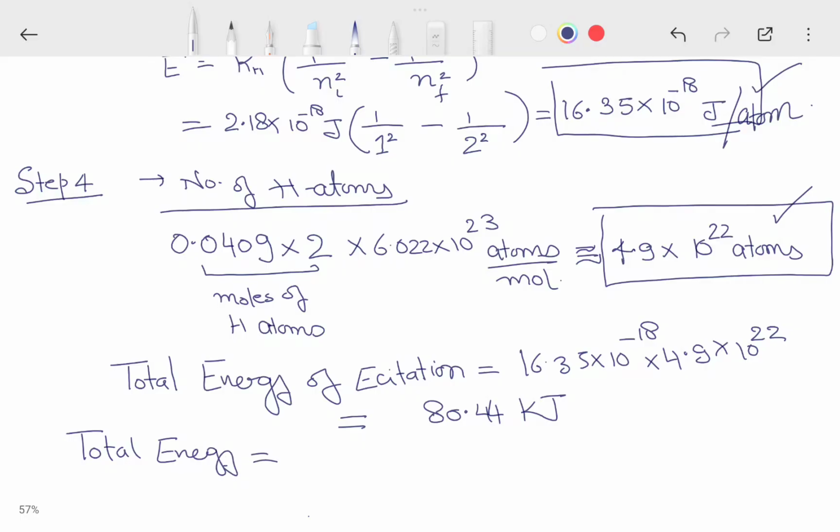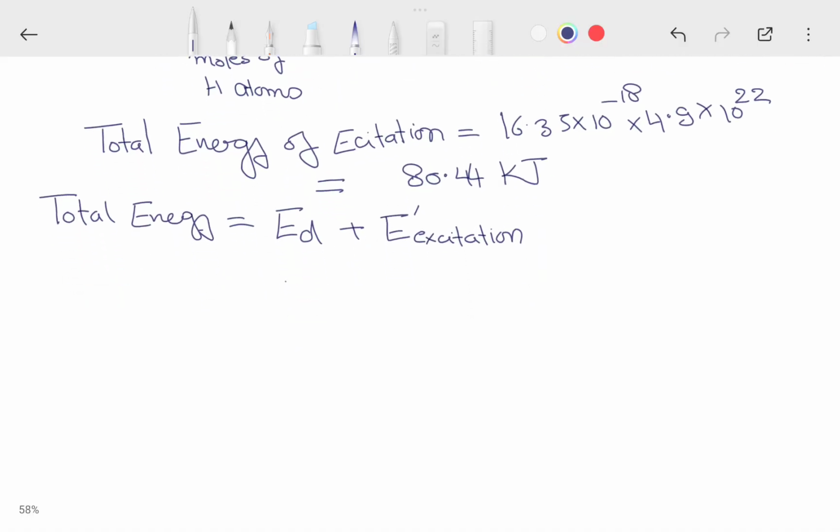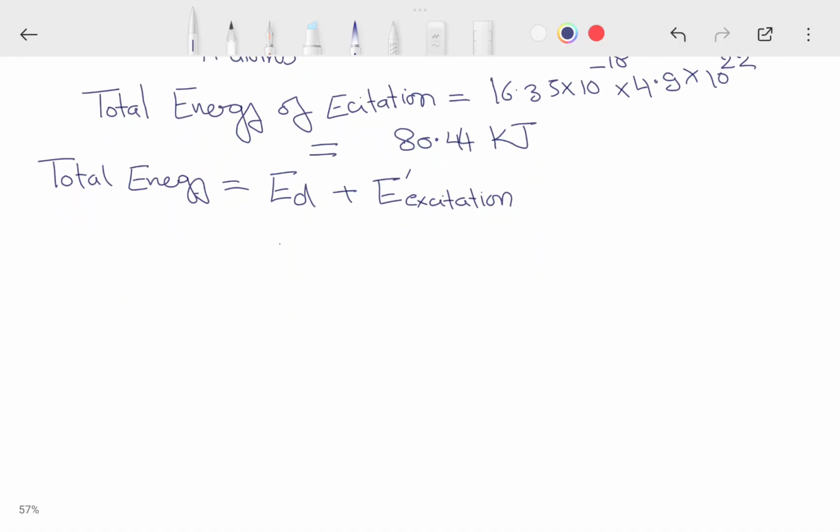Now the final energy or the total energy will be energy required for dissociation plus energy E dash that is required for excitation, or I can write E excitation. These two values we have already calculated.